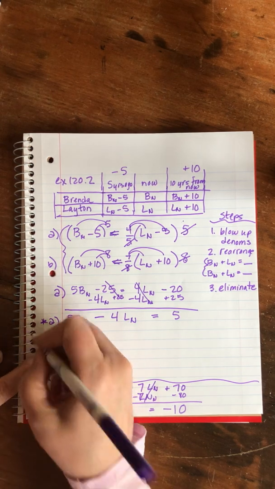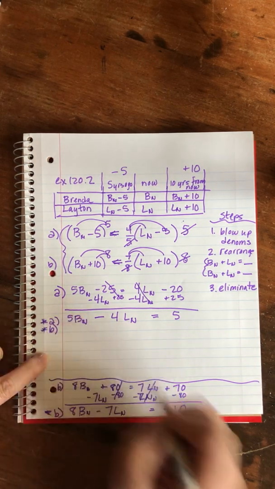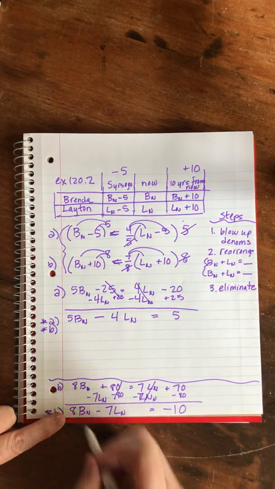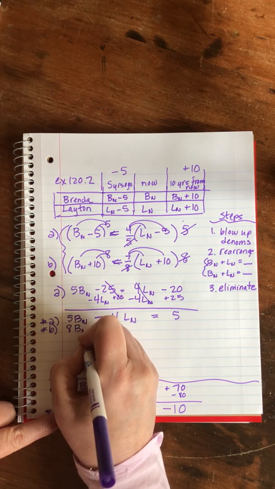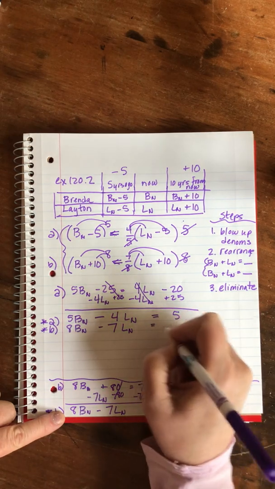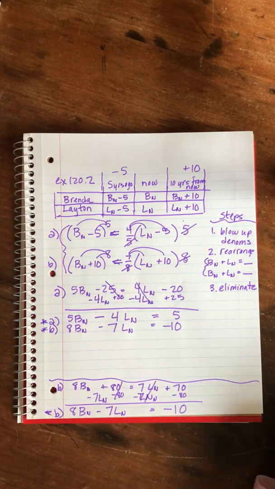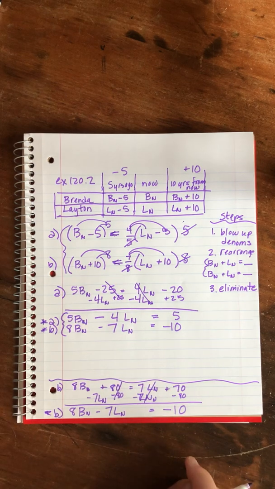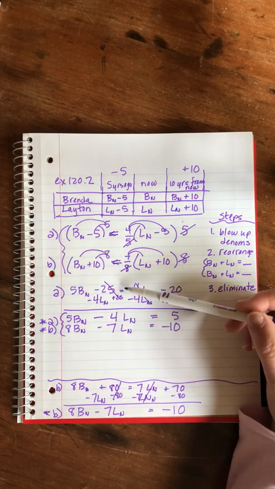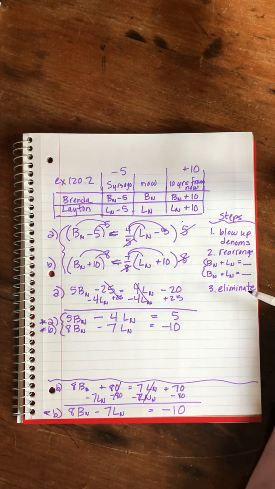I'm just going to recopy it up here. And then I'm going to be ready to eliminate. All right, 8bn minus 7ln equals minus 10. All right, we're back in business, you guys. So now we have an option as to how we eliminate these. We can either take down the bn's or the ln's. Either way is fine.